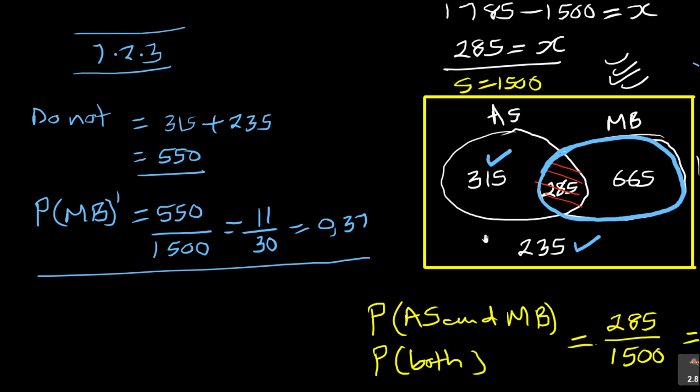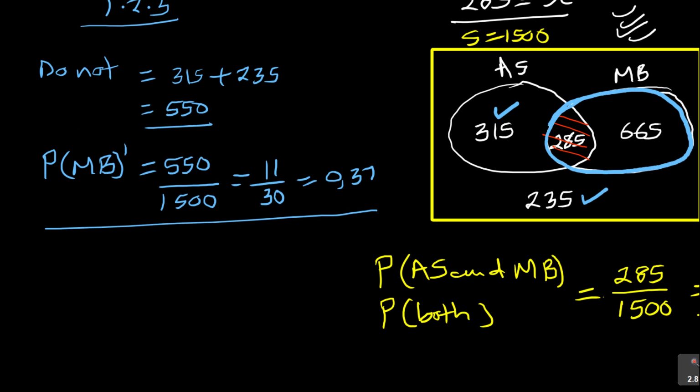Or you could have done it like this. You could have said probability of MB complement is same as 1 minus probability of MB. See, probability of not banking with MB is 1 minus probability of banking with MB.